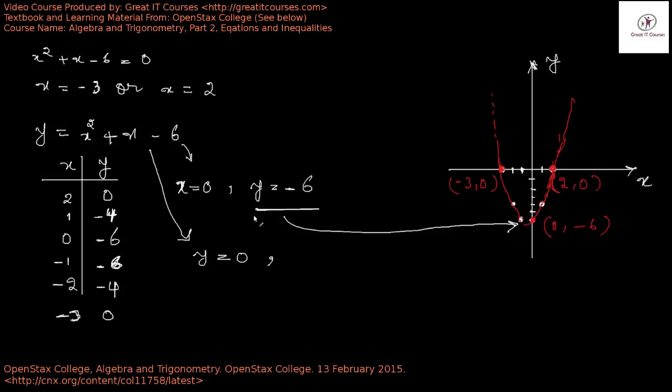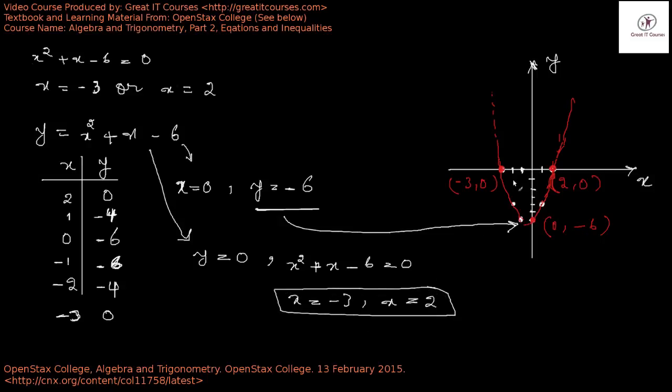If y is equal to 0, then that means this whole expression, x squared plus x minus 6, is equal to 0, and then we would have gone through the whole process that we went through, and I would have gotten x is equal to -3 and x is equal to 2. One of them is this point over here, and the other one is this point over here.